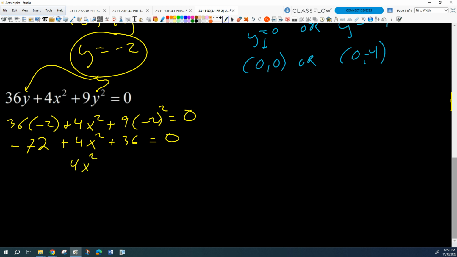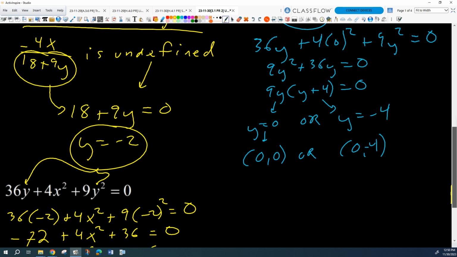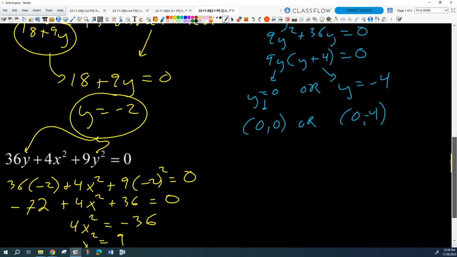So 4x squared equals 36, right? So then doesn't that mean x squared equals 9, so x equals plus or minus 3? So what would my ordered pairs be then for where we end up with vertical tangents?